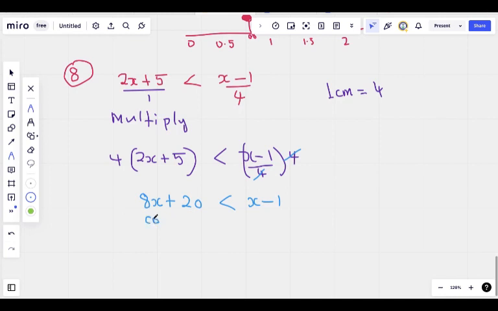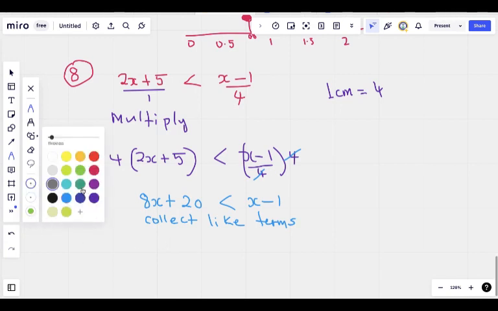Collect like terms. So which means I'll have 8x.